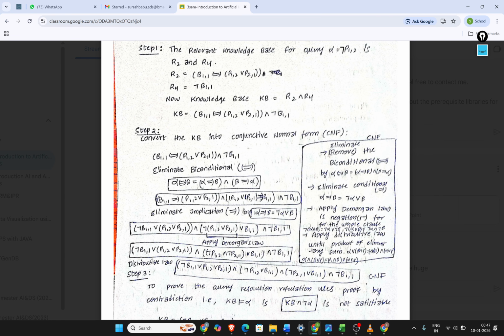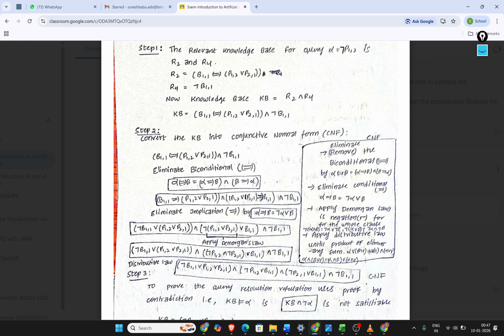Now, what is our conjunctive normal form, the standard form of the equation? It is nothing but a product of disjunctions of literals, or a product of elementary sums. To get into that form, we are going to apply the distributive law.